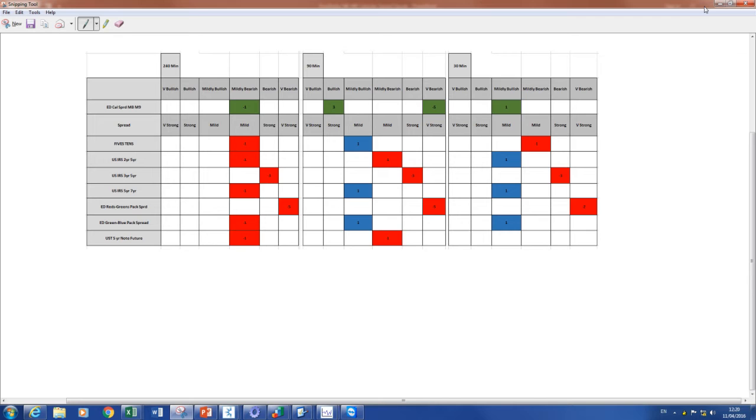On the 90-minute, it's quite strongly bullish, and then on the 30-minute, it's mildly bullish. Now, as you can tell, different time frames are going to give you different signals, right? So that's why I always look at 3 or 4 different types of time frames whenever I'm looking at anything.